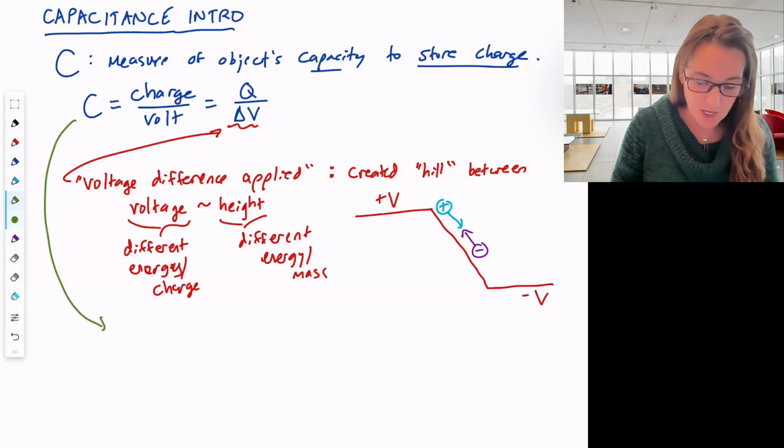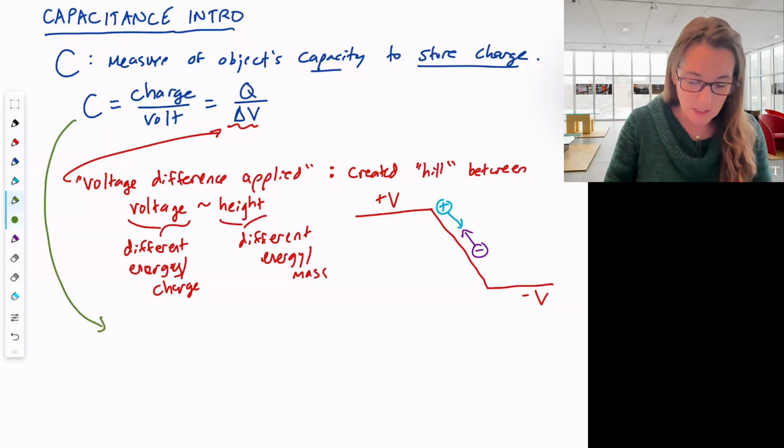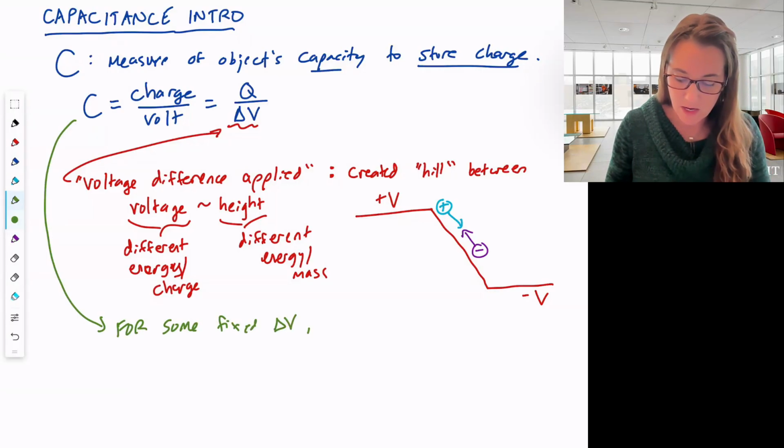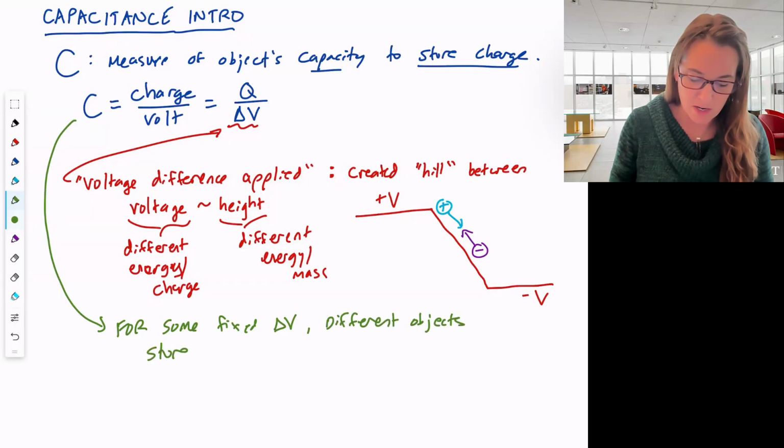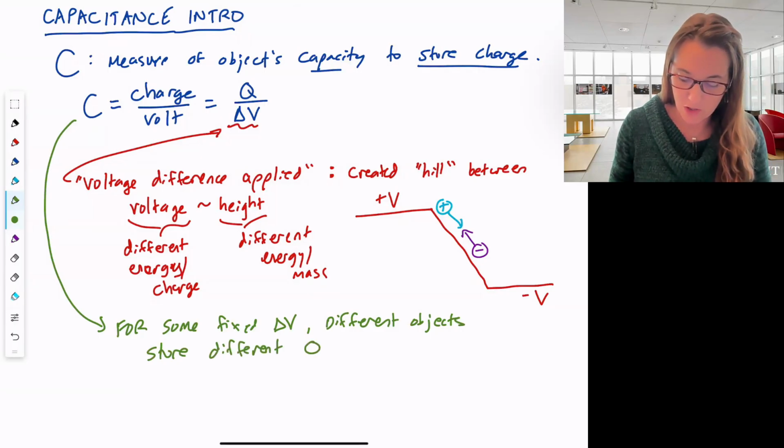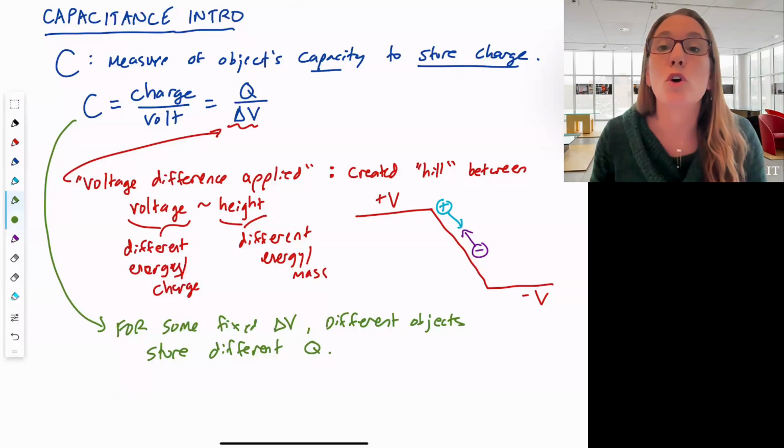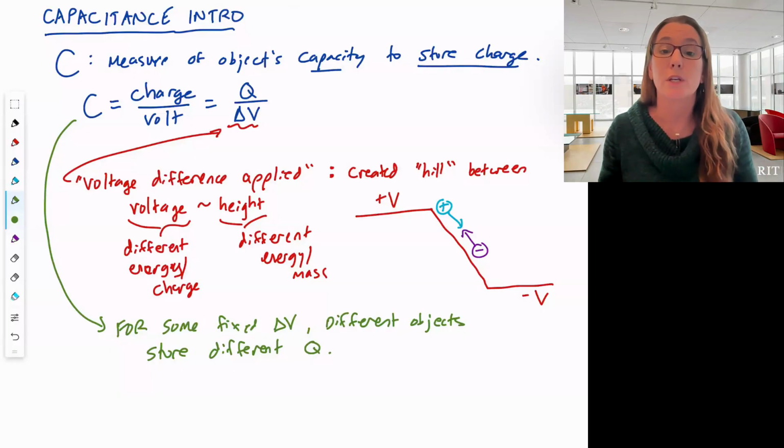So for some fixed delta V, different objects store different amounts of charge. That just has to do with the nature of the geometry, as we're going to see.